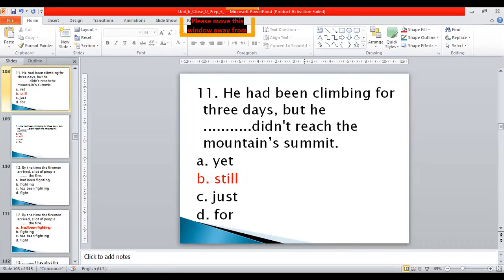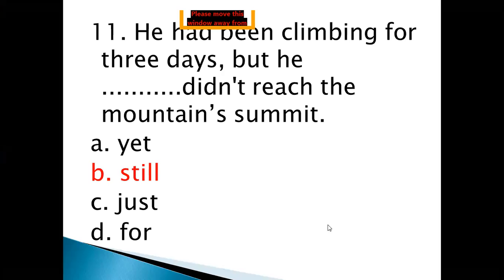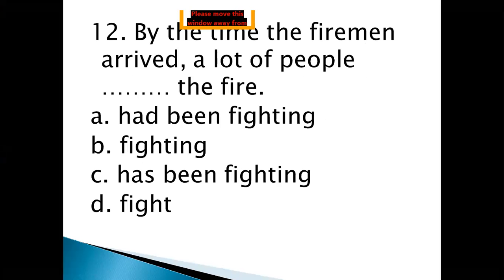So this is number 11. What about number 12? Had been fighting. Yes, it will be had been fighting because this is the best one. Yes, number 13.